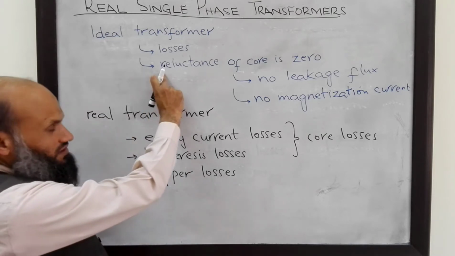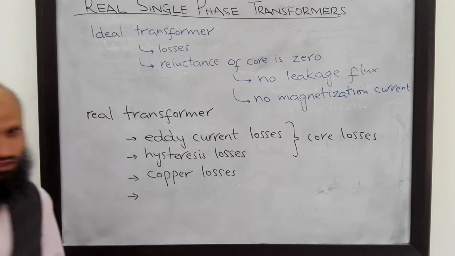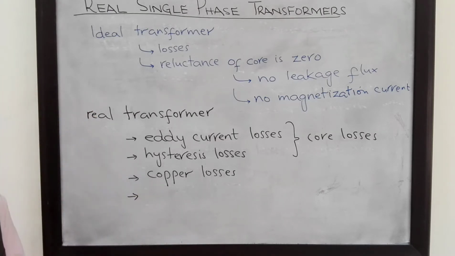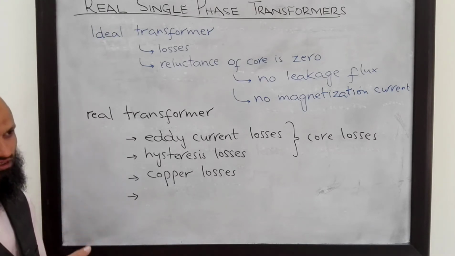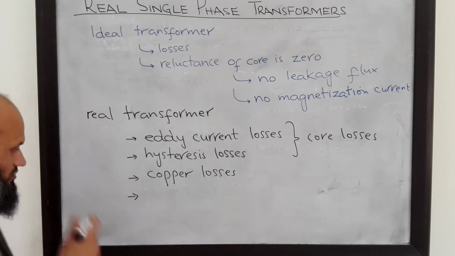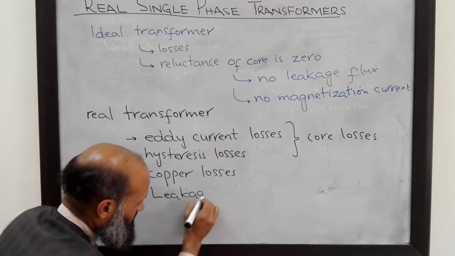Furthermore, the reluctance of the core of the transformer is not 0 for a real transformer. Therefore, the flux has multiple paths to flow. It can flow through the core of the transformer. It can also flow through the free air, since the reluctance of the core is not equal to 0. So there is also leakage flux in a real transformer.